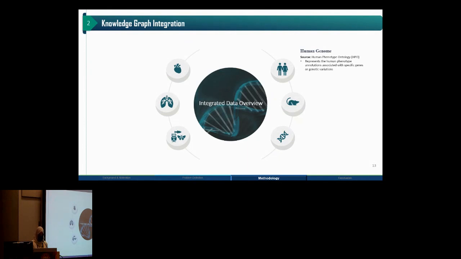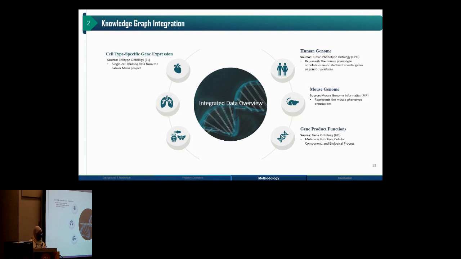First, we utilize the human phenotypes from the Human Phenotype Ontology database. Second, we have the mouse genome that incorporates the mouse phenotype databases using the MP ontology. Next, we have the gene product functions that describe the molecular function, cellular component, and biological processes. We also have the cell type specific gene expression that utilizes single cell RNA sequencing studies.